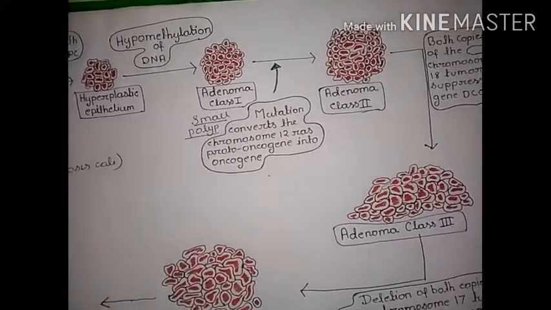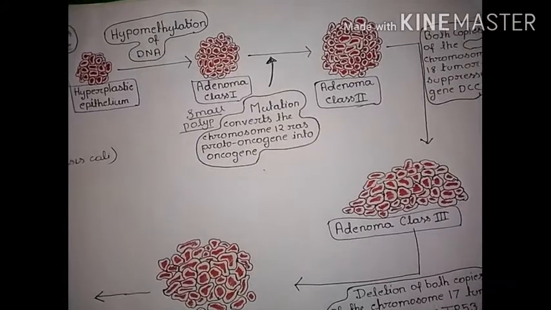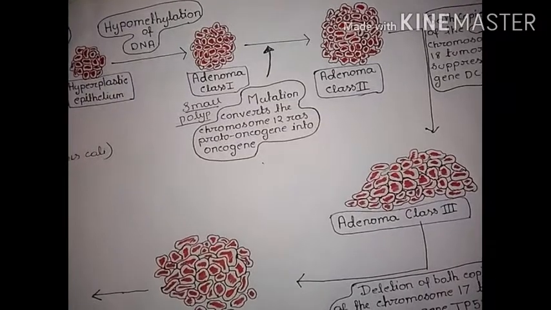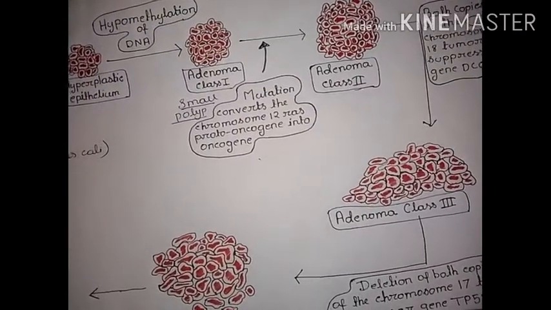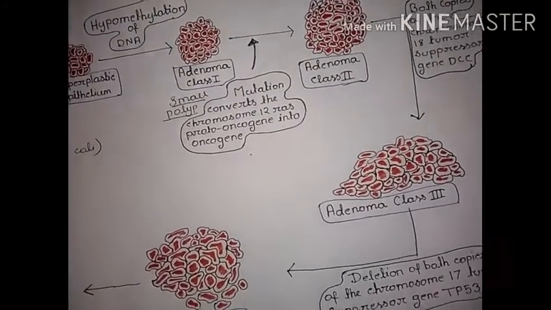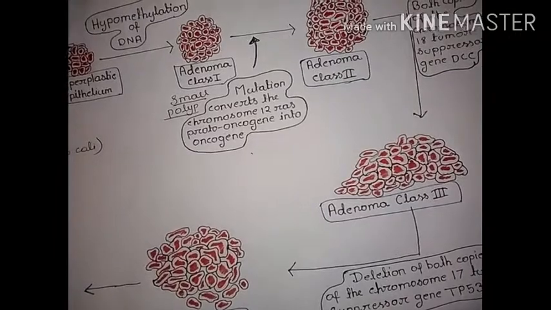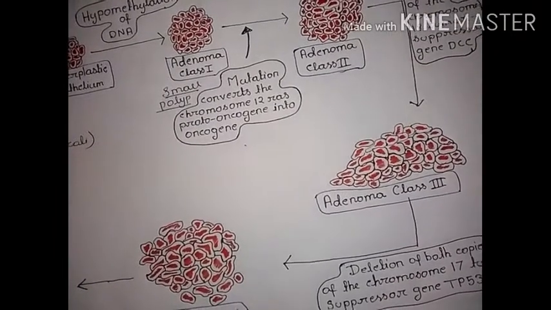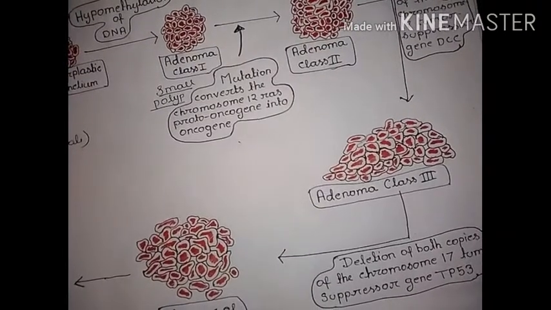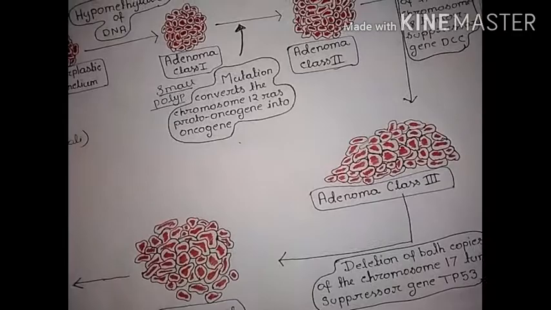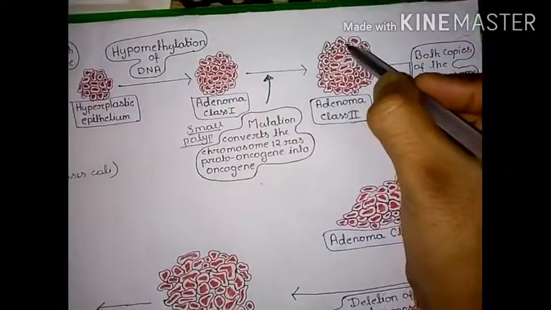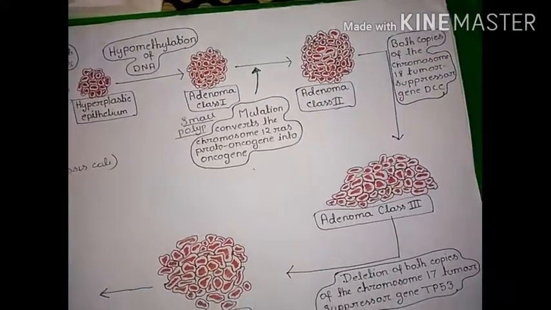As the Ras proto-oncogene is transformed into an oncogene, it remains in its active form, that is the Ras GTP form, and continuously activates the downstream MAP kinase cascade pathway, and ultimately the cells show unprogrammed proliferation.